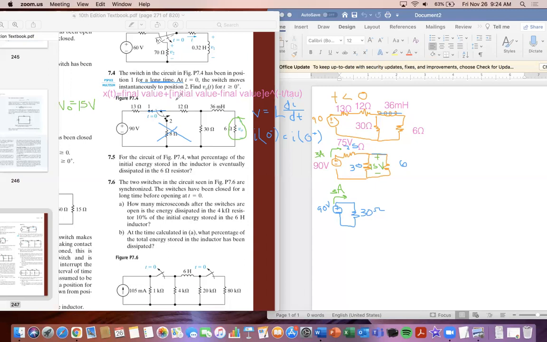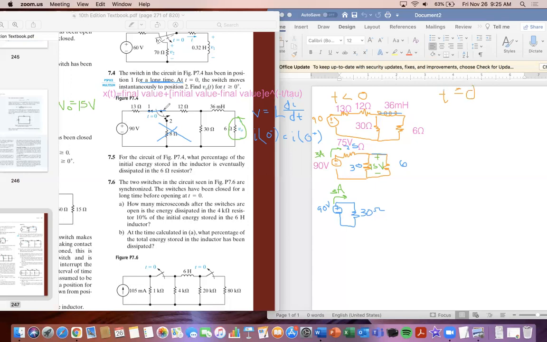The final value is when the switch has been in position 2 for a long time. So I'm going to draw another diagram here on the right-hand side for when t is greater than or equal to 0.